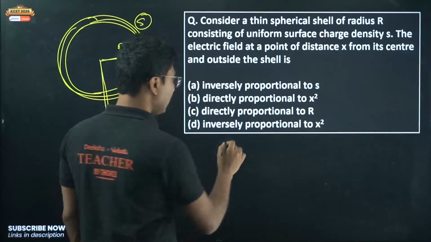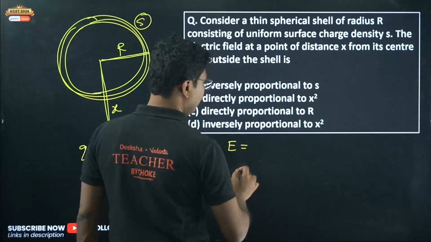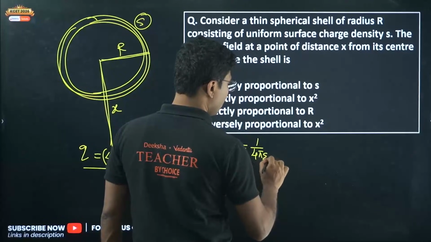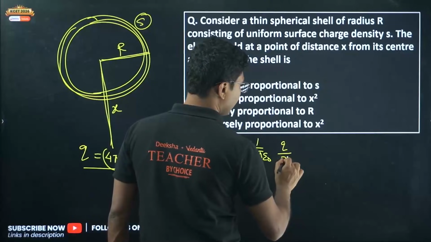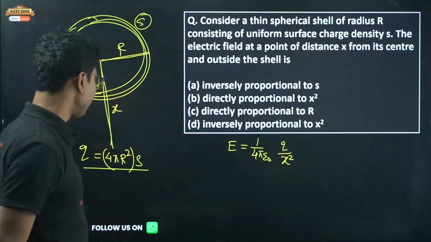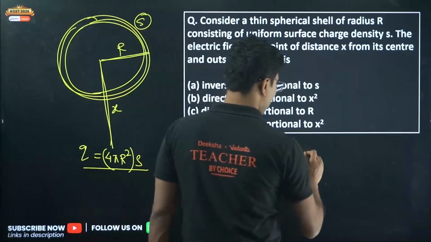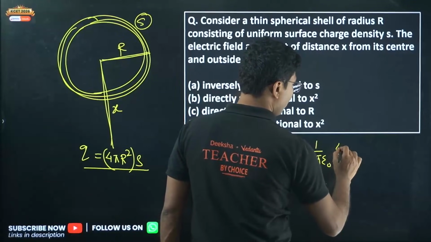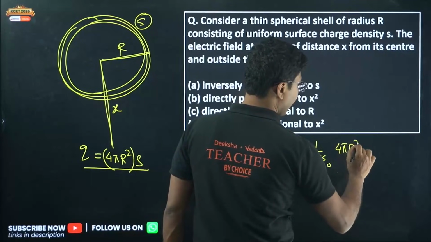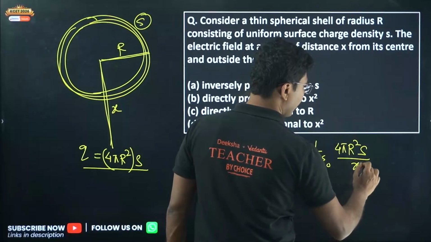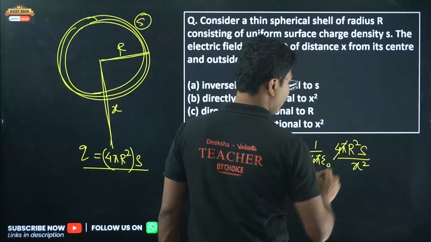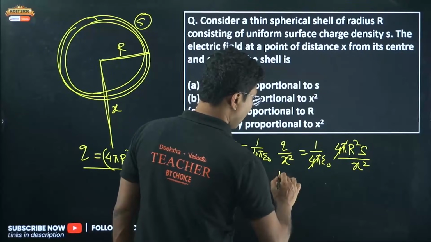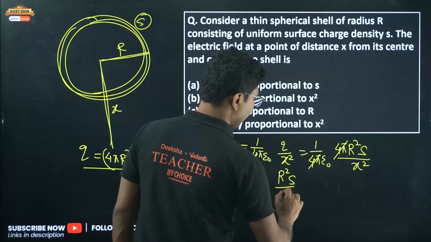Now what is the electric field? Electric field is given by 1 by 4 pi epsilon naught Q upon x square. So let's put the values: 1 by 4 pi epsilon naught, 4 pi R square S divided by x square. So 4 pi cancels and we get 1 by epsilon naught, R square S by x square.